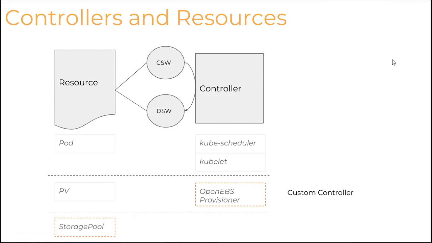Hey Kiran, Amit here. Can you just repeat about the CSW? Okay, it's a concept. It's basically the current state of the world. Every resource will have certain attributes that define its current state. This current state of world and desired state of world are used in the concept of a controller, as well as in other concepts, for example when we issue a kubectl apply command, though I'm not getting into apply right now.